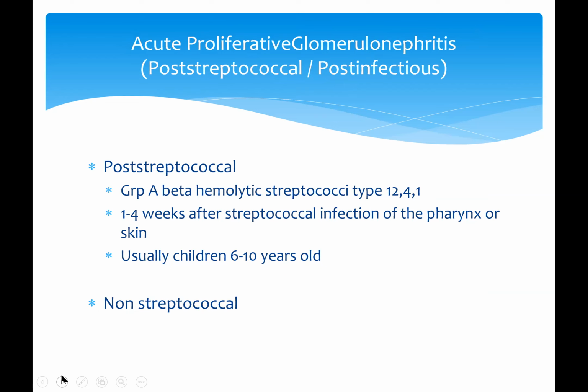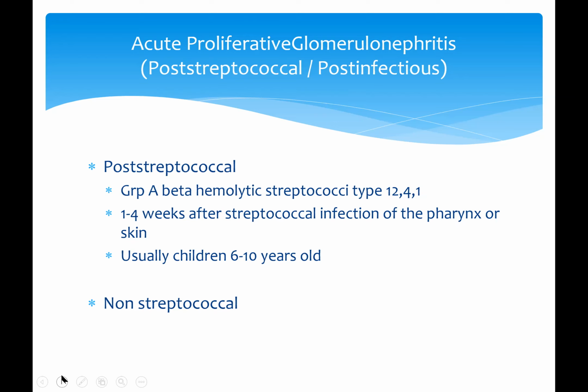Now, let us try to apply the concepts by going into the different diseases. So the first disease that was discussed in your book is called APGN. This is otherwise known as post-streptococcal or post-infectious glomerulonephritis. This is often of the nephritic type. So let's try to recall.